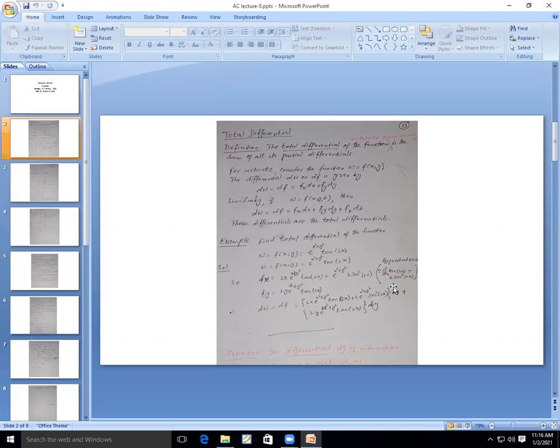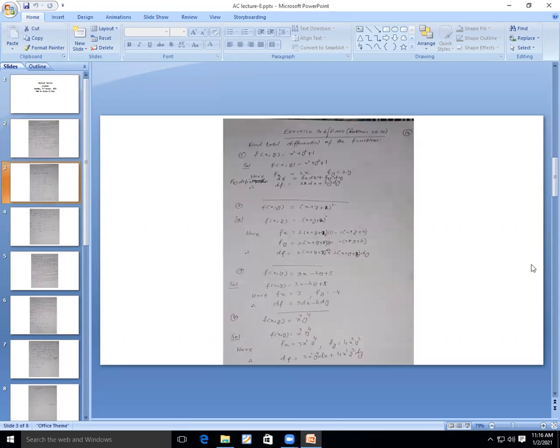So the addition of these two differentials gives you the total differential. So this is the total differential: df is equal to this term into dx plus this term, which is your fy, into dy. By definition, this is the total differential of the function f in two variables, x and y. It's a simple concept.